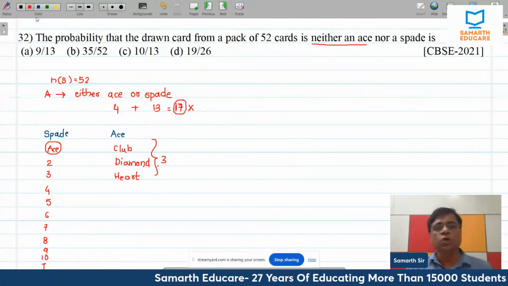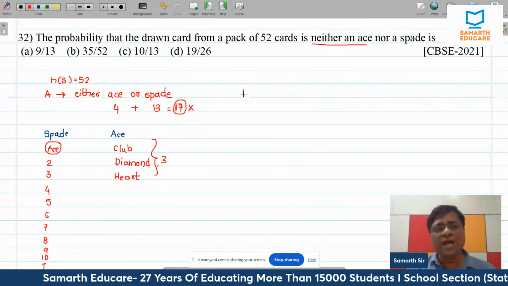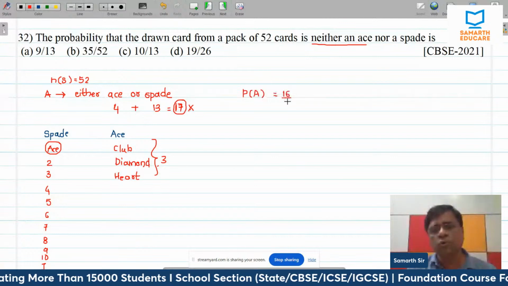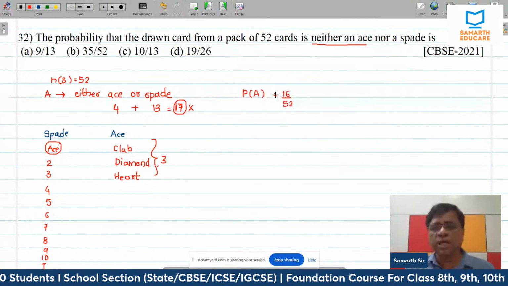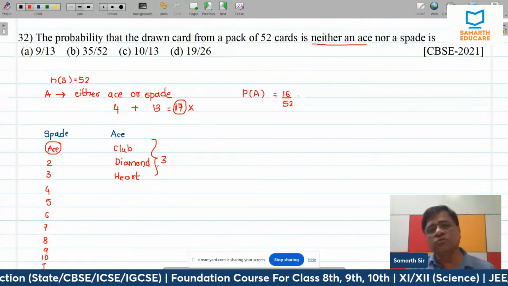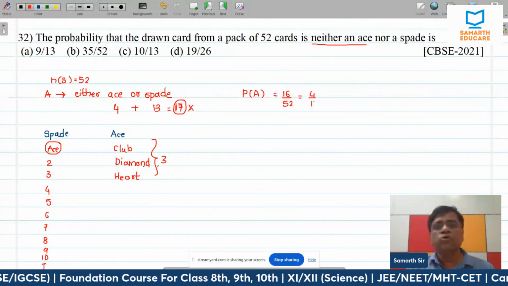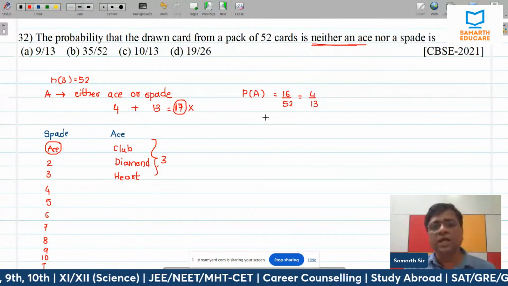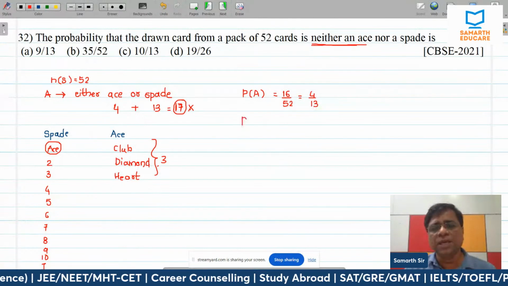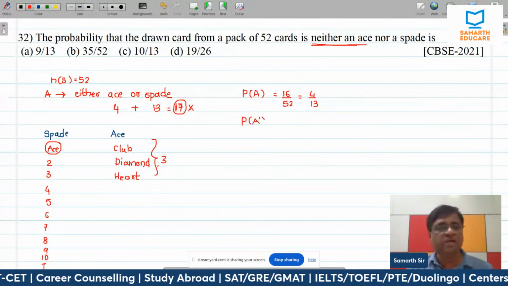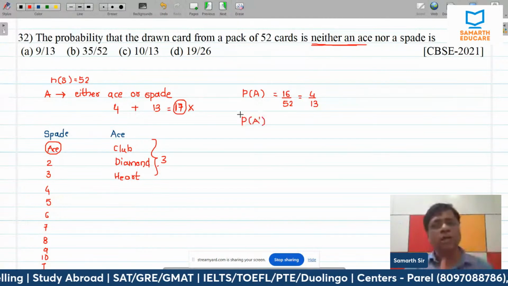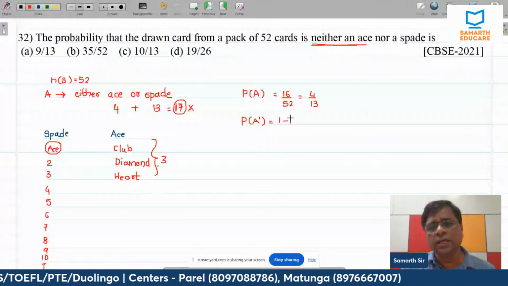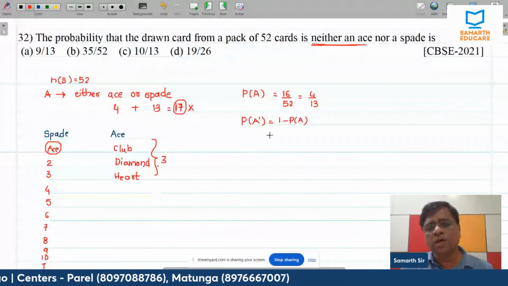So P(A), that is the probability of either ace or spade, will be 16 upon 52. If I divide this by 4, this will be 4 upon 13. Remember, I was asked for neither spade nor ace. So the probability of neither ace nor spade is A dash, that is the complementary event. Either-or and neither-nor are complementary events of each other. So 1 minus P(A), which is 1 minus 4 upon 13.